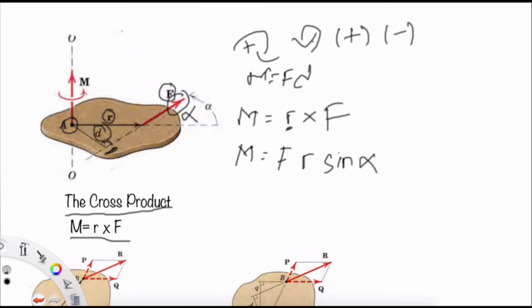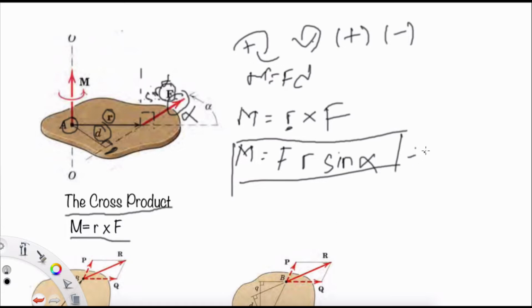Please remember that we have two perpendicular components. So to make it perpendicular, we have to project it like this, and it will be sine alpha. So the final equation for the cross product is M equals F r sin alpha, which equals F times d.